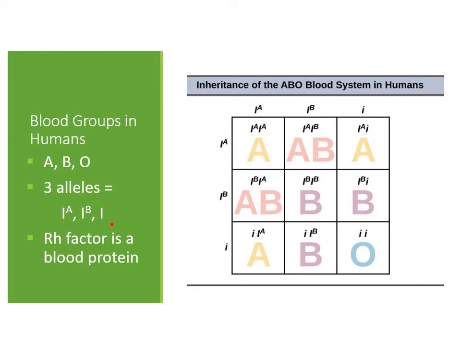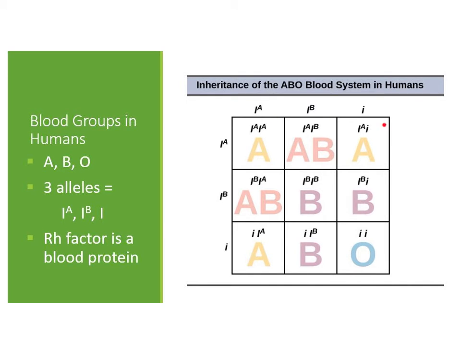Okay. And then in addition to your blood type of it being like A, B, or O, there's also that Rh factor. How many of you know your blood type? Okay, you're probably a letter like O positive, right? Or like AB negative. The Rh factor is that positive or negative.